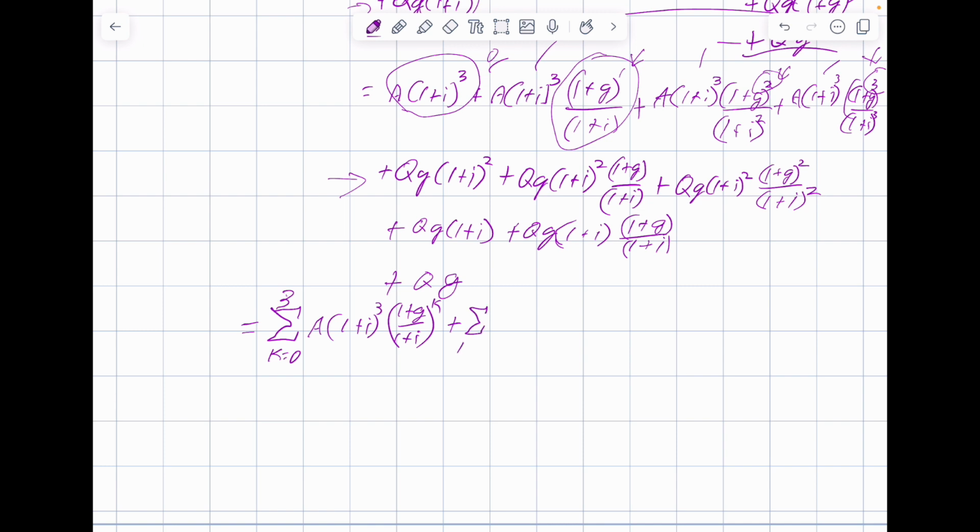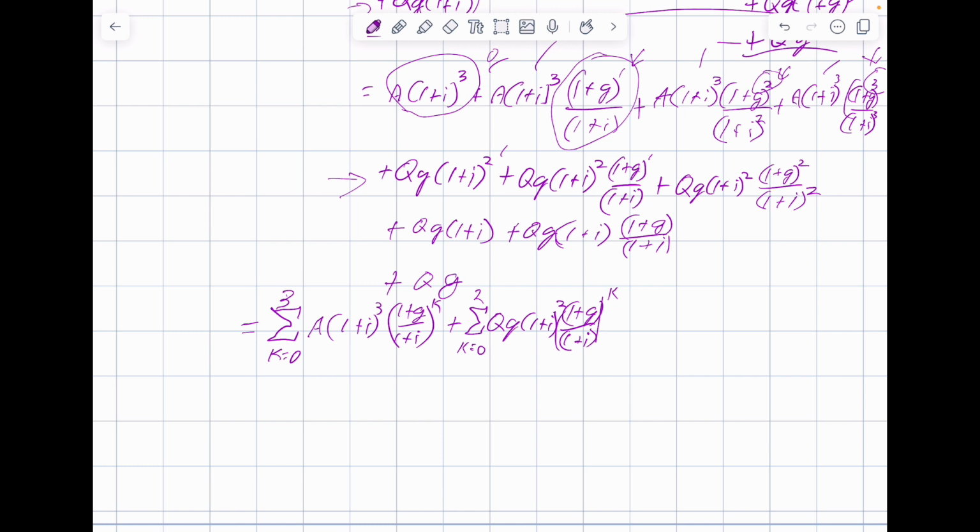That would be summation from k equals 0 to 2, QG 1 plus I squared times 1 plus G over 1 plus I, all this to the k power.